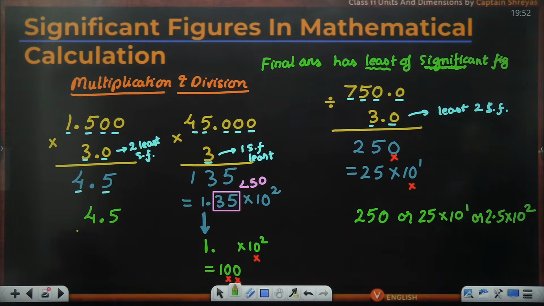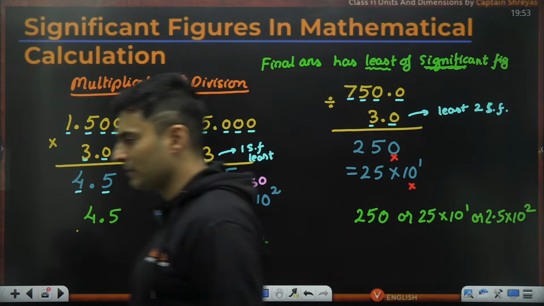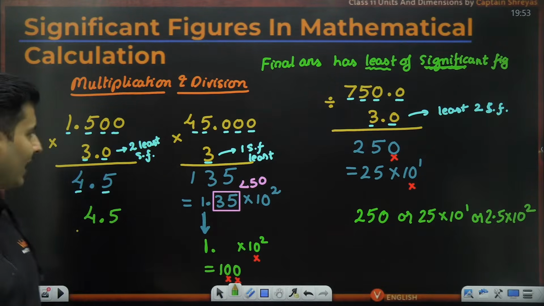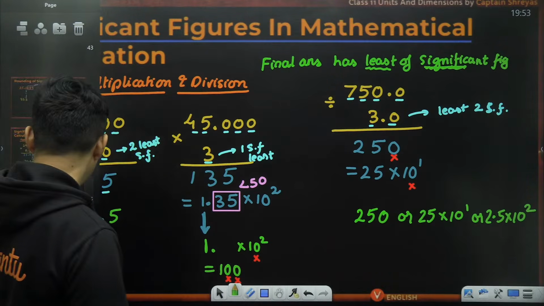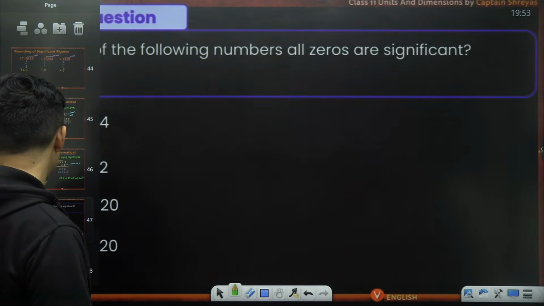All these answers are correct, because all the powers of 10 or these zeros in the ending are anyways going to be insignificant. Is this absolutely clear, my dear students? How to do the calculations part? Very good. Excellent. So let's do some questions.